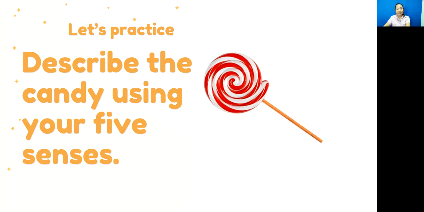So we already have our sense of sight, which is red and white, taste, sweet, hard when you touch them. Can we hear some sound from the lollipop? No, we cannot hear the sound from a lollipop. So let's see if you are correct.